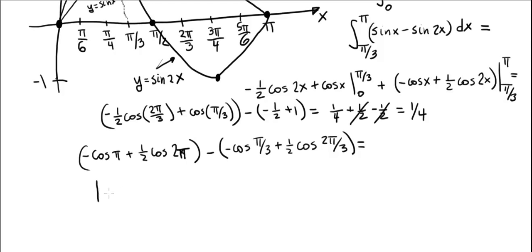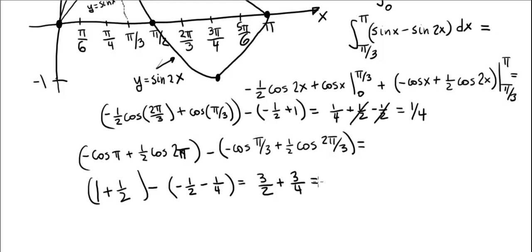Cosine of 2 pi is 1, so this is 1 plus 1/2, minus cosine of pi over 3 is 1/2, so this is minus 1/2. Cosine of 2 pi over 3 is minus 1/2, so that's minus 1/4. So we get 3/2 and minus a negative 3 over 4, so this is plus 3 over 4. So that's 6 over 4 plus 3 over 4, which is 9 over 4.